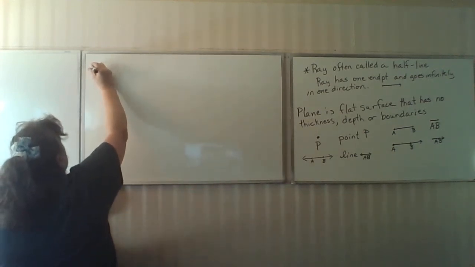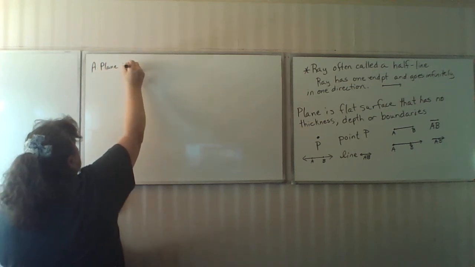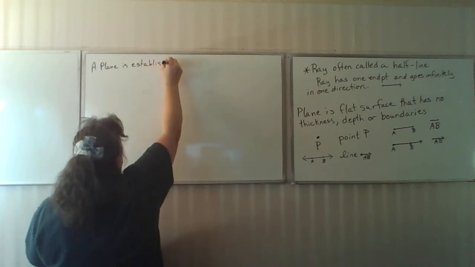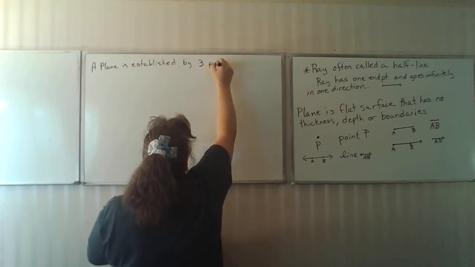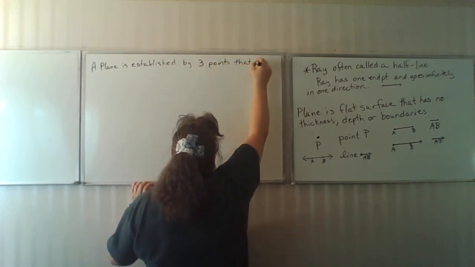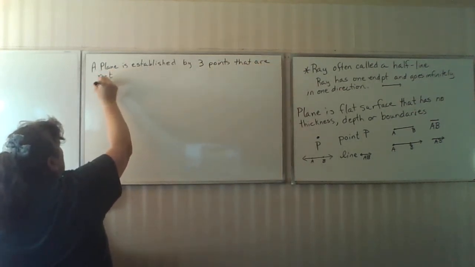A plane is established by 3 points that are not on the same line.